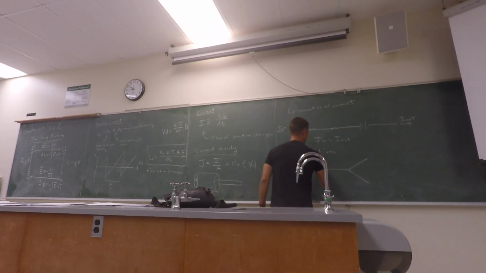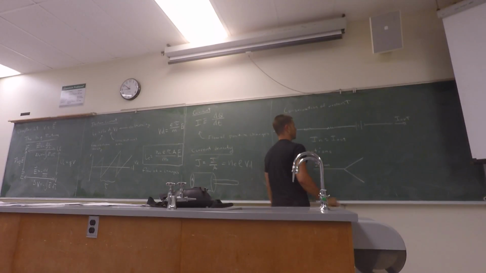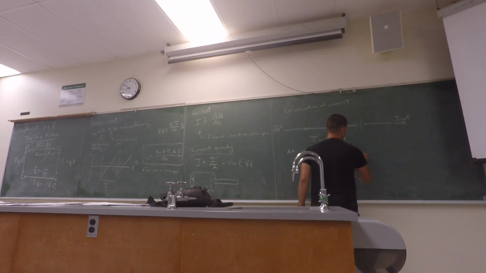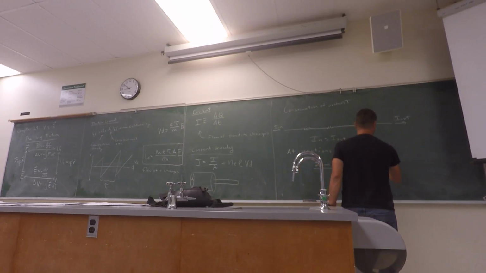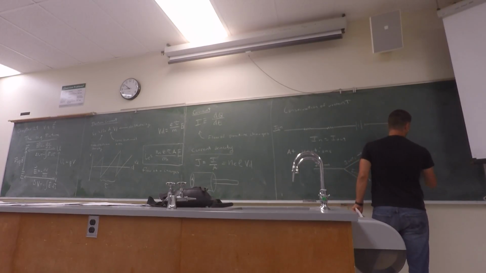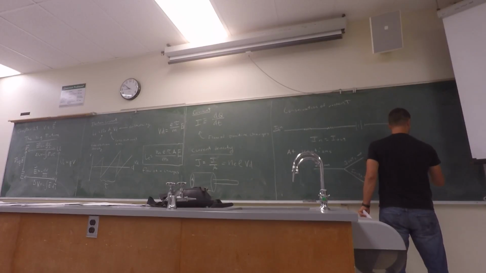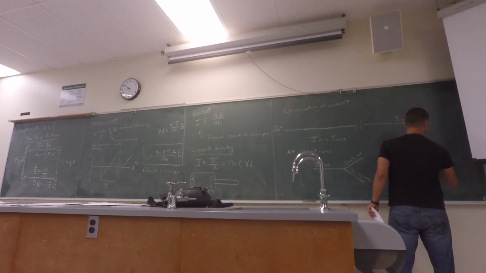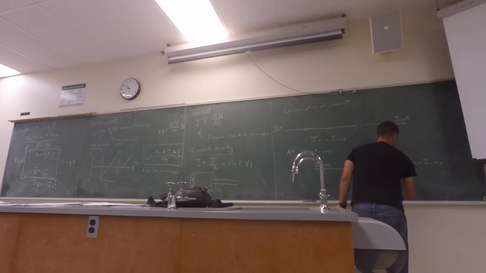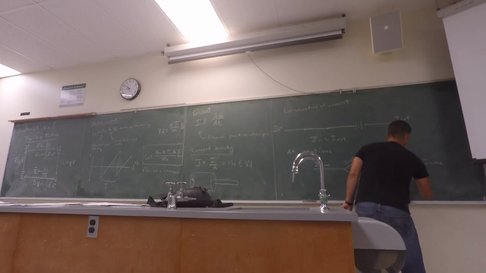So if you have I in going this way, and we have I out 1 and I out 2 going this way and that way, I in equals I out 1 plus I out 2. In fact, the sum of all the currents going in has to equal the sum of all the currents going out.